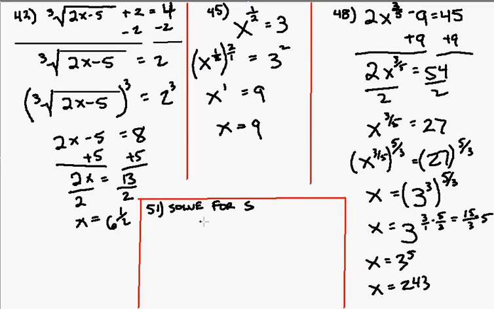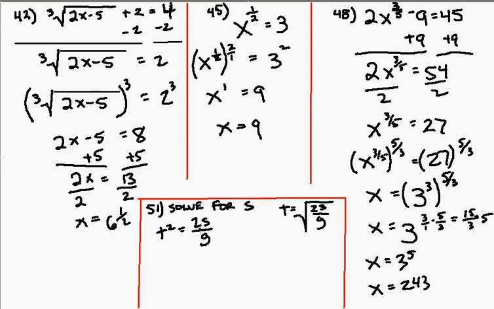And you're given the literal equation t is equal to the square root of 2s over g. So the first thing I'm going to do, I notice there's a square root surrounding that expression involving the s. So I'm going to square both sides. So now I've got t squared is equal to 2s over g.